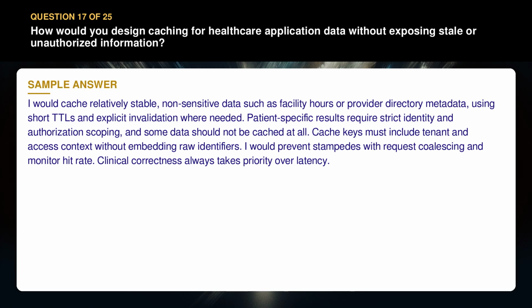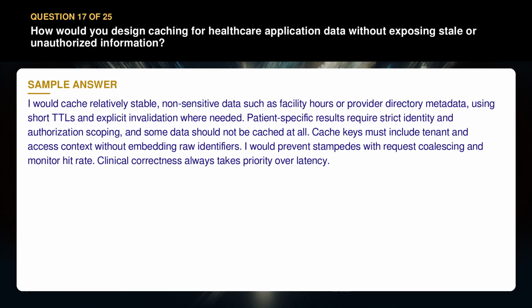I would cache relatively stable, non-sensitive data such as facility hours or provider directory metadata, using short TTLs and explicit invalidation where needed. Patient-specific results require strict identity and authorization scoping, and some data should not be cached at all. Cache keys must include tenant and access context without embedding raw identifiers.